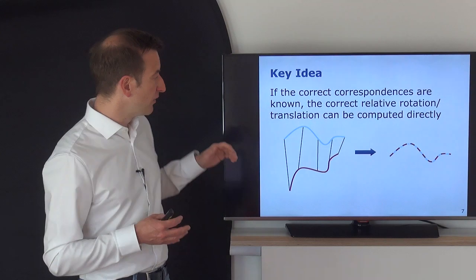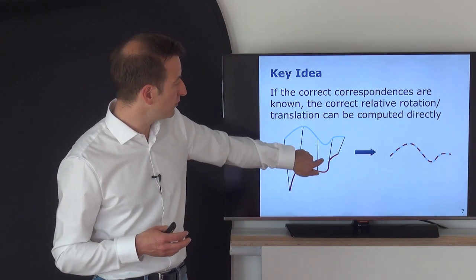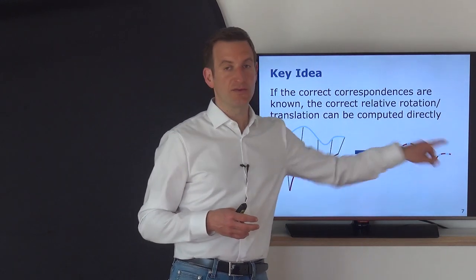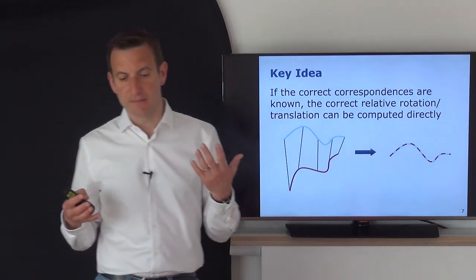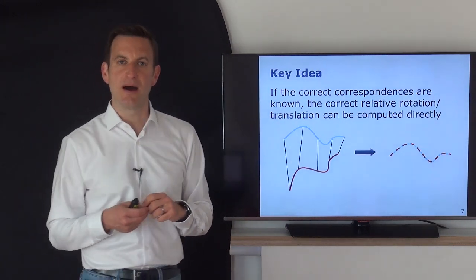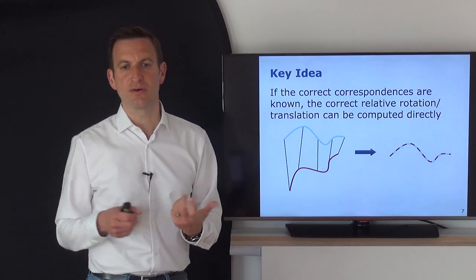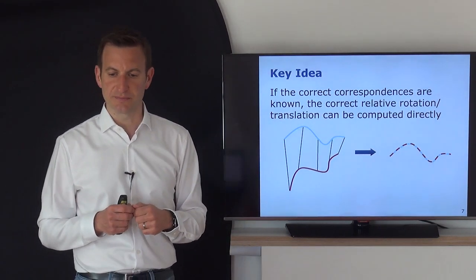By, for example, taking the red scan and shifting it and rotating it upwards so that it overlaps with the blue scan, we would get a solution which looks like this. In this illustration, this is the minimum error configuration, because all those black lines are 0. In reality, of course, we don't get them down to 0. We always have noise in our sensor data, but we want to minimize the squared errors.